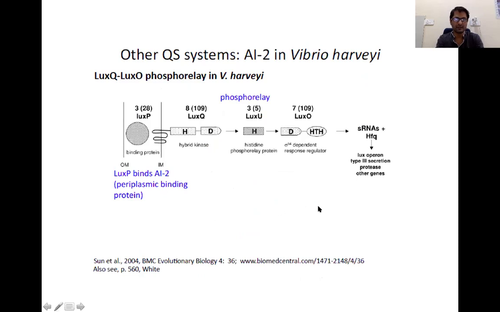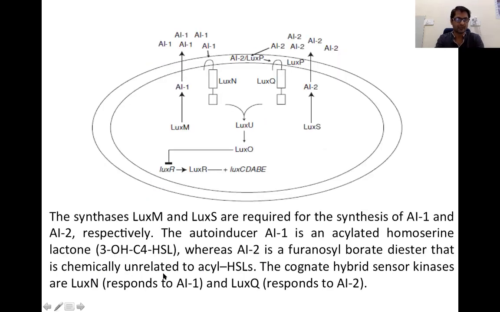This is mostly for the secretion of protease and other genes, and this is for phosphorylation. If you want, you can go through this paper and read it. It is also present in the book known as White, on page number 560. I can send you that book also. This is another example of the same thing, from the same book, White.